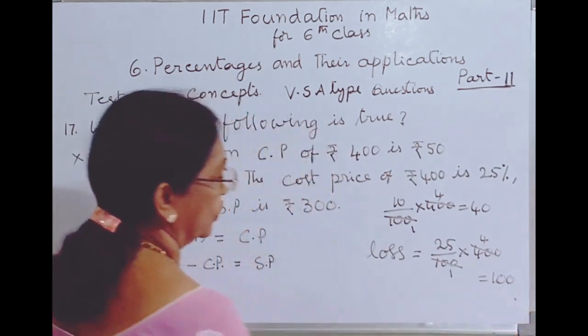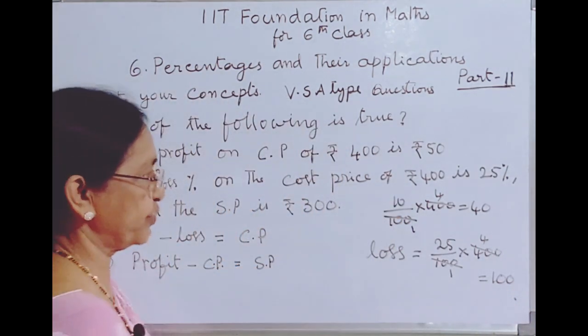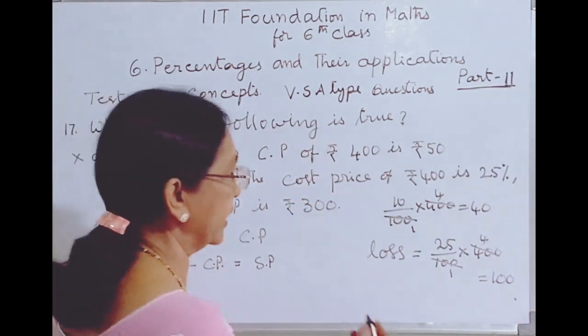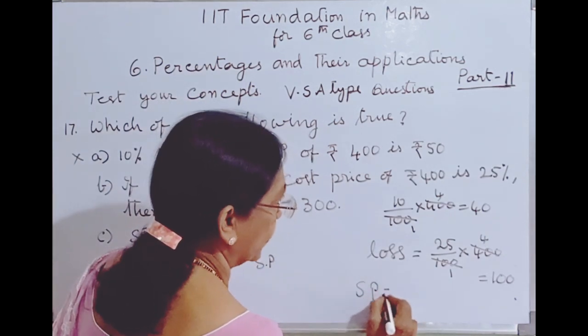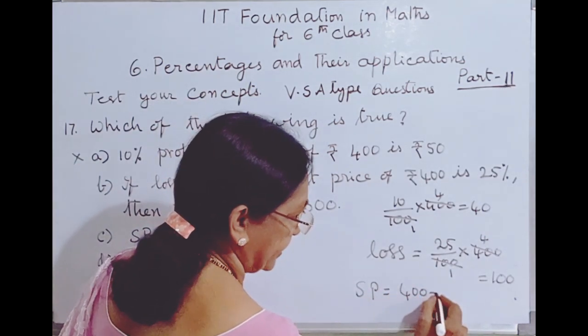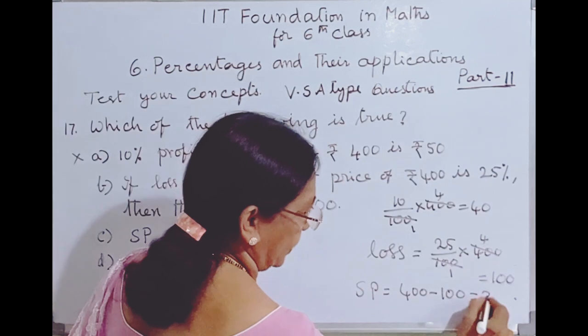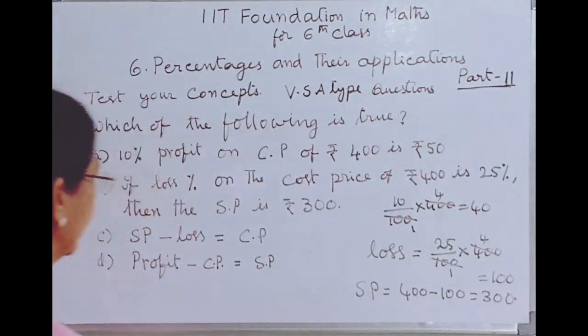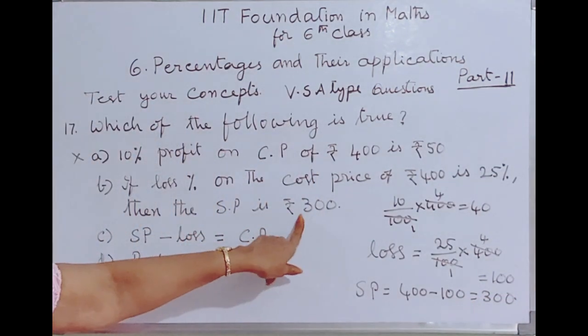So loss is equal to 100. Cost price 400, loss is 100. Therefore selling price is equal to cost price minus loss, so that is equal to 300. Selling price is 300.